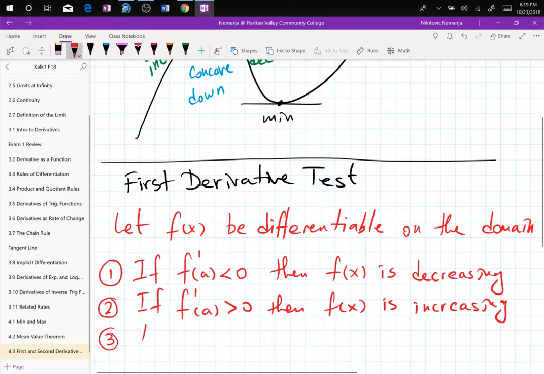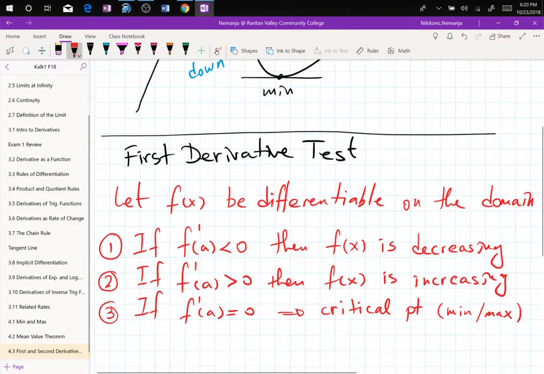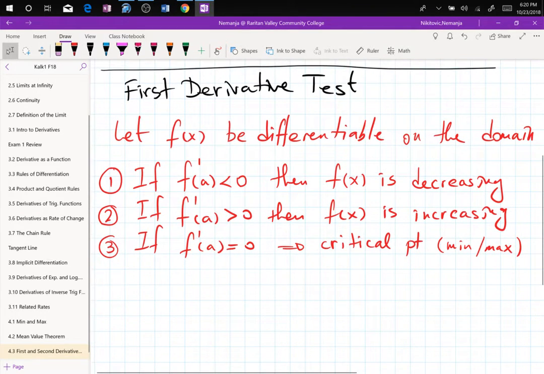If f prime of A is equal to 0, we have a critical point, which is a min or a max. We also have something else, but we'll deal with that later. This is what you have to memorize.